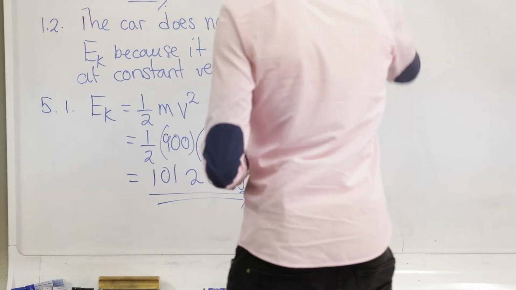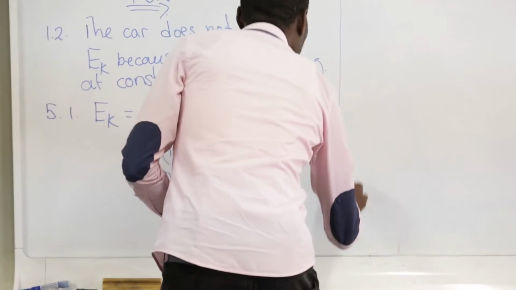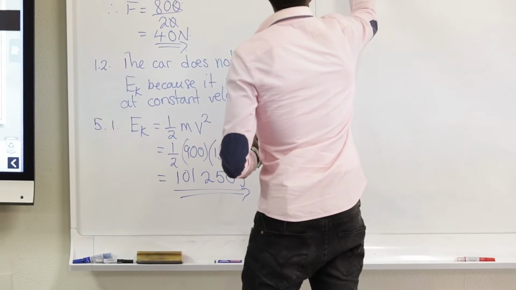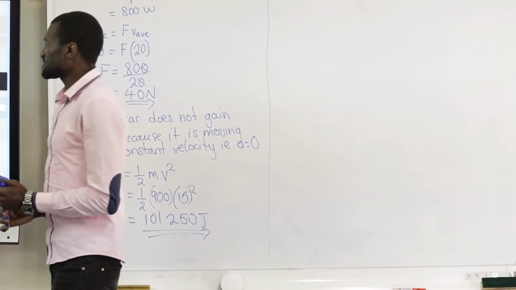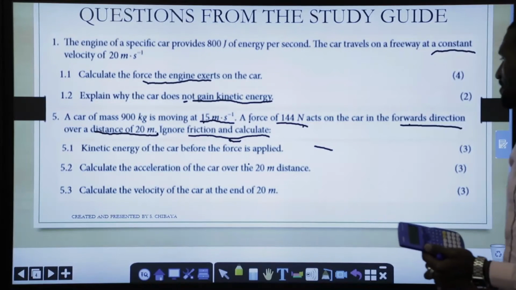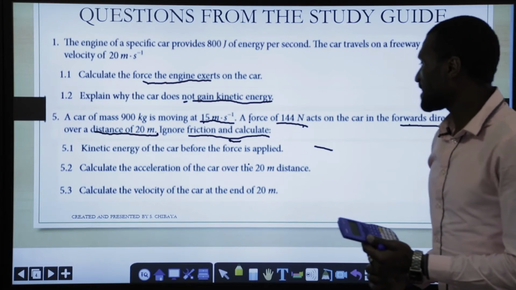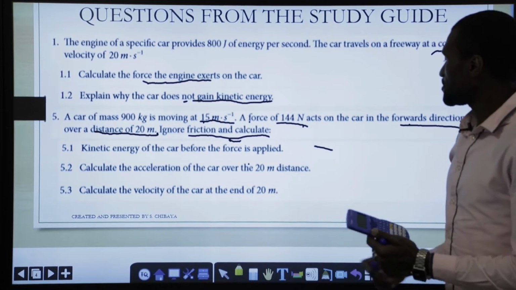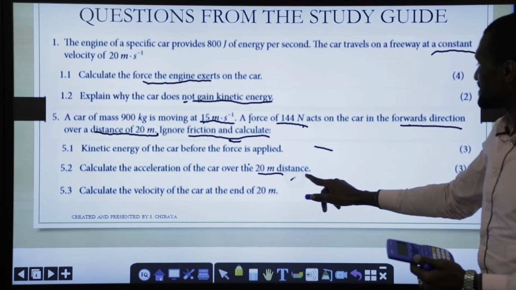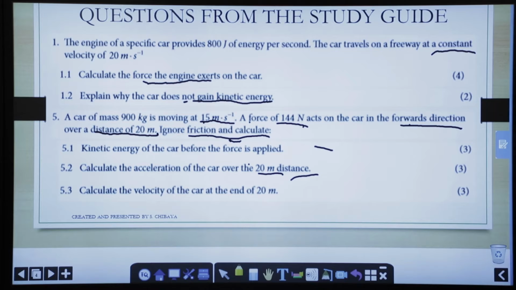Question 5.2. Let's put a division here because we are continuing with that particular question. Question 5.3 says calculate the acceleration of the car over the 20-meter distance. What do we know?